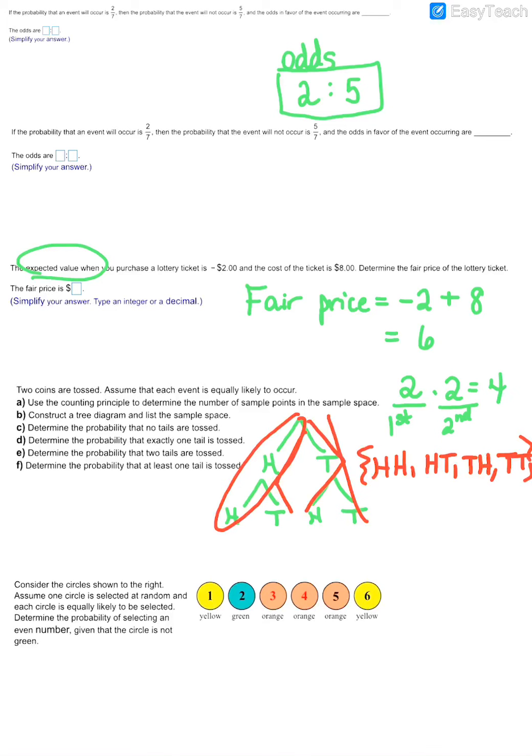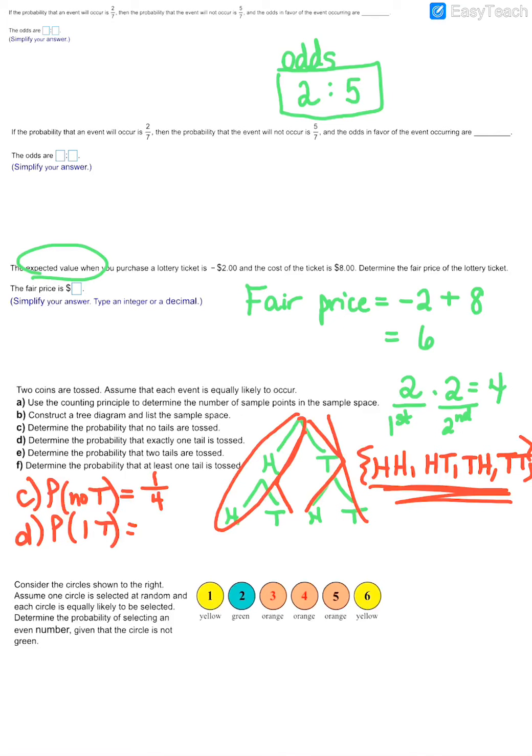Okay, so then starting with part C, C says what is the probability that we get no tails? If I'm looking at my outcomes in my sample space, there's only 1 outcome out of 4 that has no tails. The next question says, what is the probability that we get exactly 1 tail?